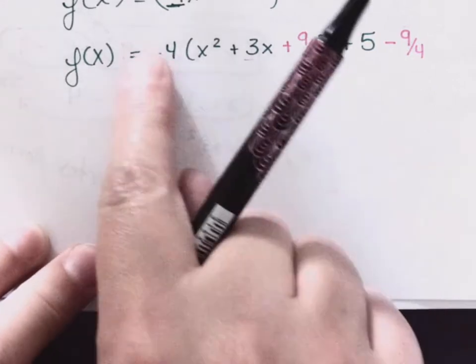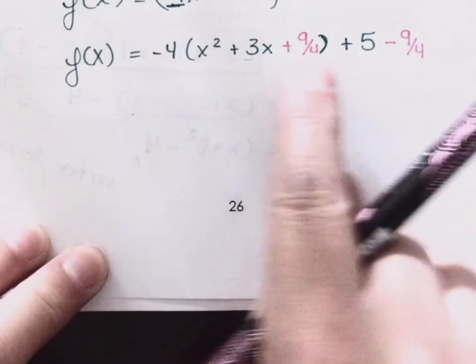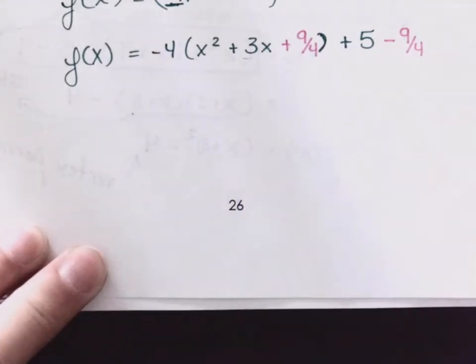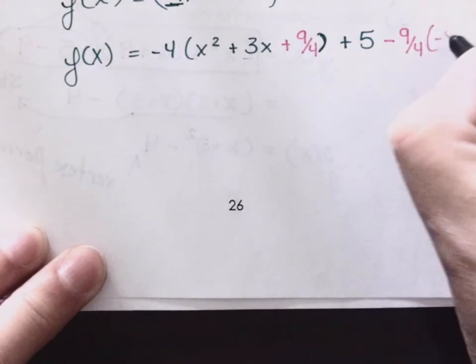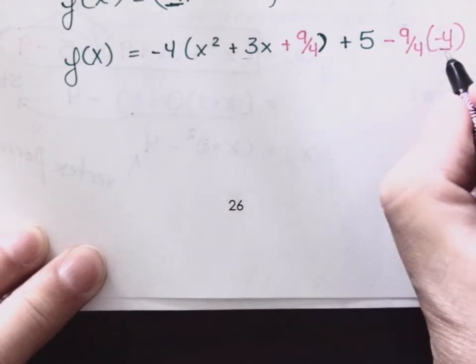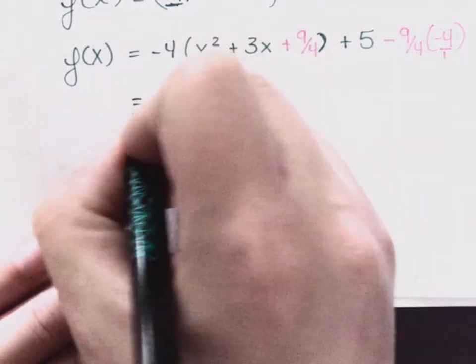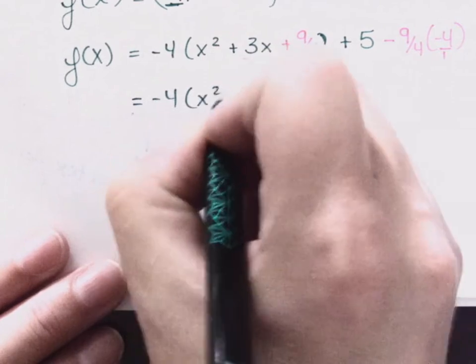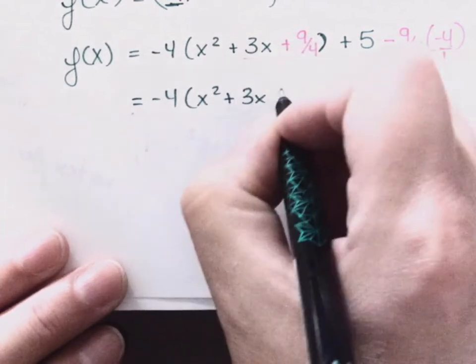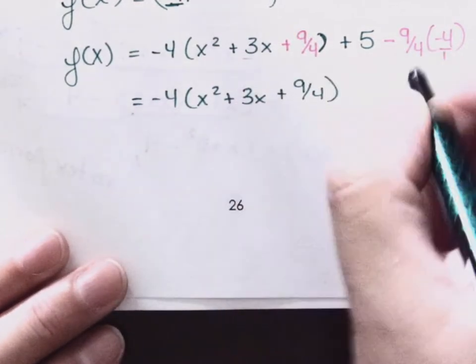Multiply it by negative 4, because I have negative 4 groups of this, so I have to have negative 4 groups of that. So I got to times this by negative 4, and that's negative 4 over 1. So I'm just going to leave this as a trinomial for right now. And then I'm going to share my secret with you.